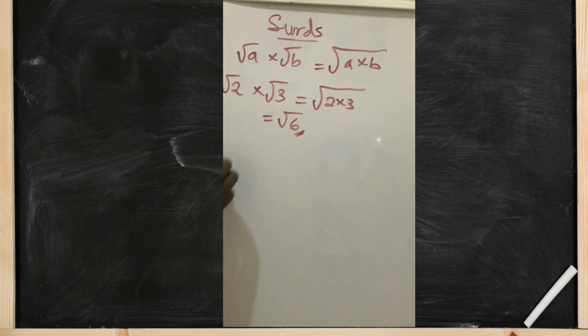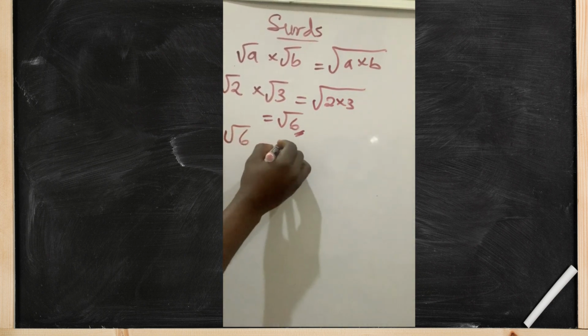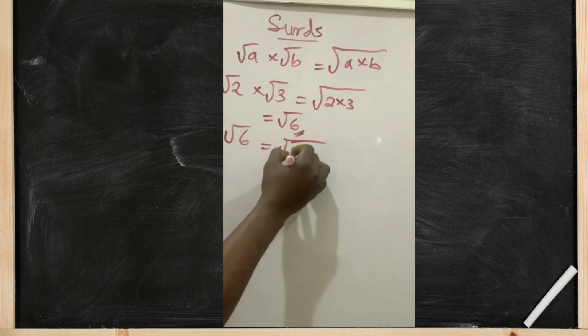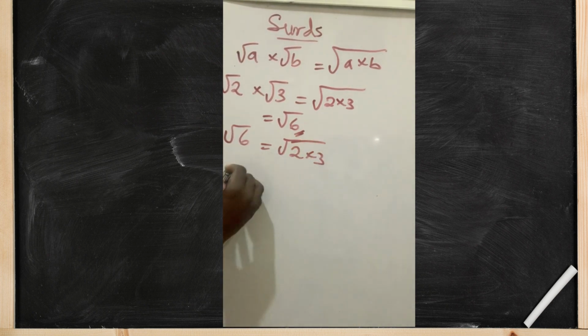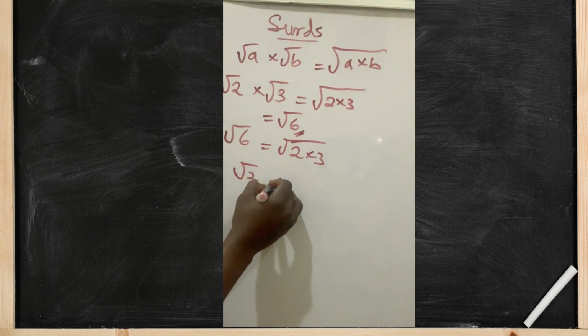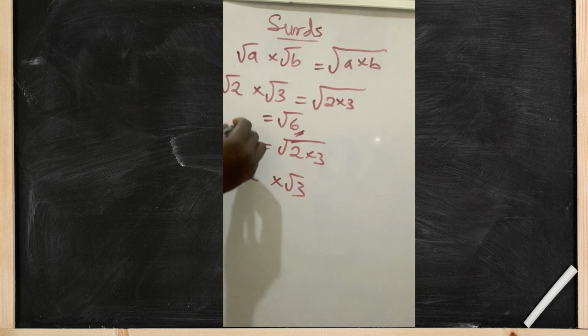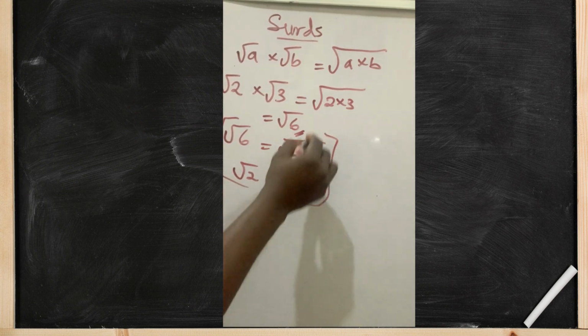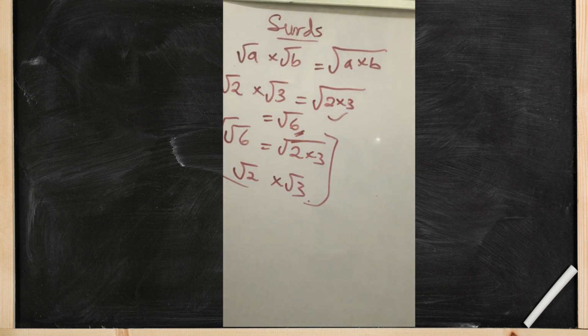So either way is right. You can multiply surds and you can even break down the value inside the square root or cube root, whichever root you are having. Number one, you can multiply surds.